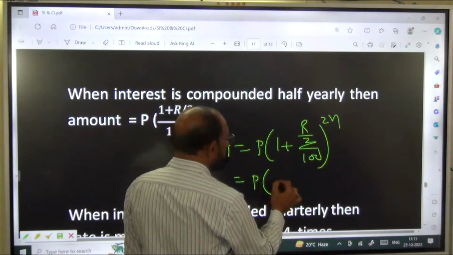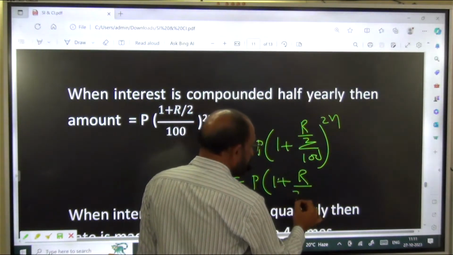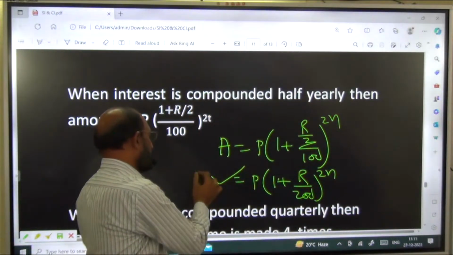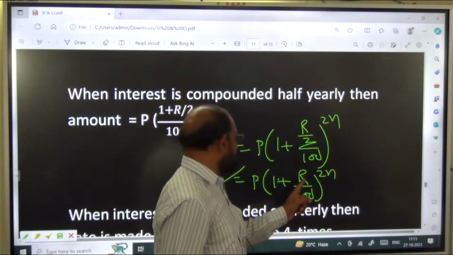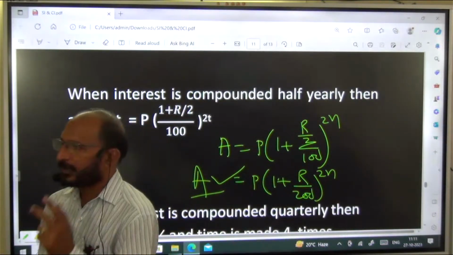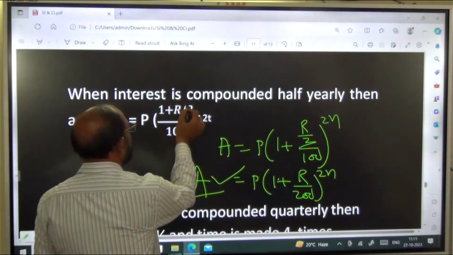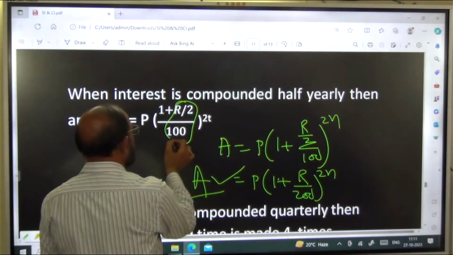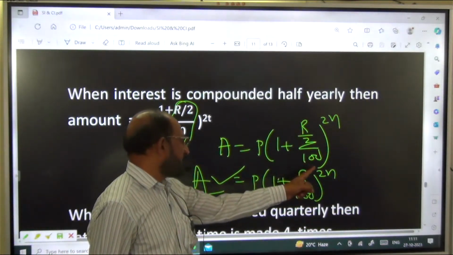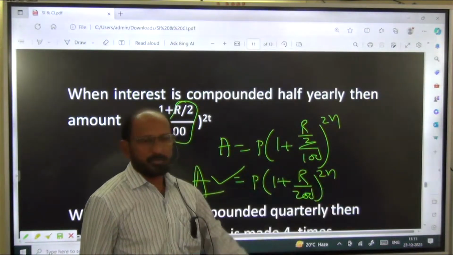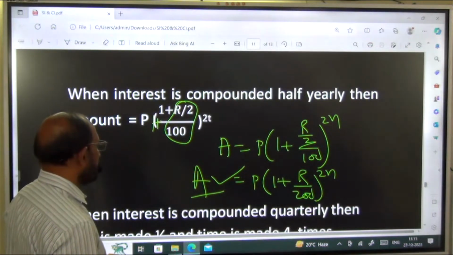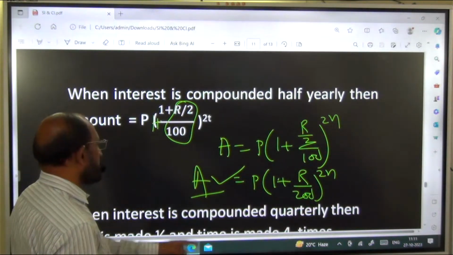Nothing but P into 1 plus R by 200 whole power of 2n. This you take. Amount is equal to P into 1 plus R by 200 whole power of 2n. For this one only 100, R by 2 by 100, otherwise R by 200 whole power of 2n. This formula you take.